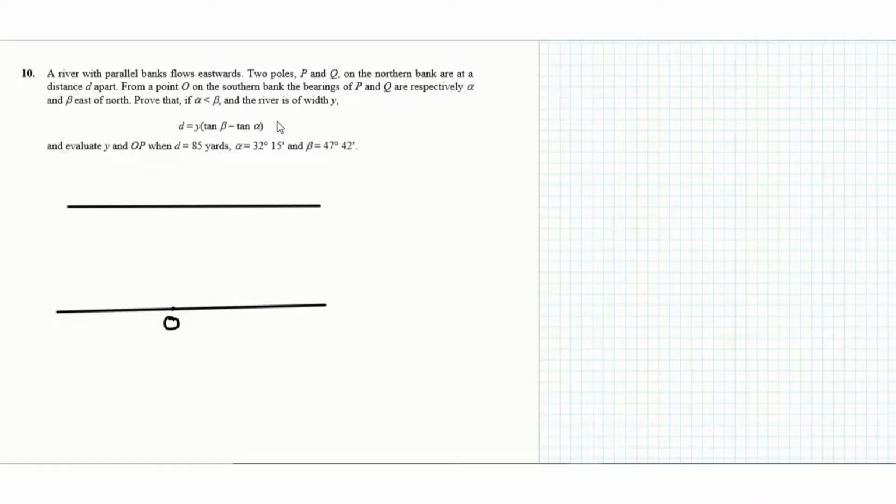So P and Q are this side of the north, right? Prove that if alpha is less than beta, and the river is of width y, then d is equal to y multiplied by tan beta minus tan alpha. Okay, so remember, in your imagination these are parallel, but you know, they don't look too bad.